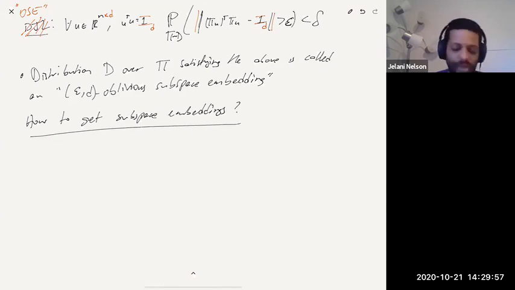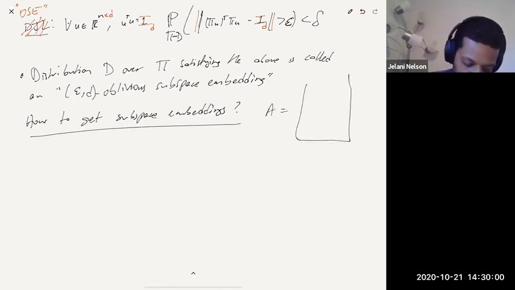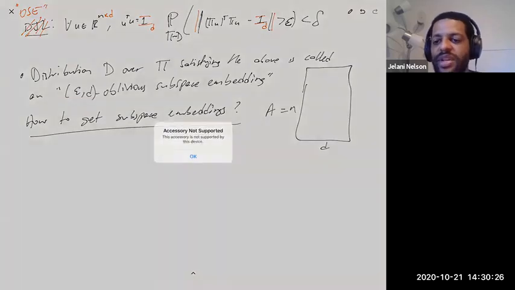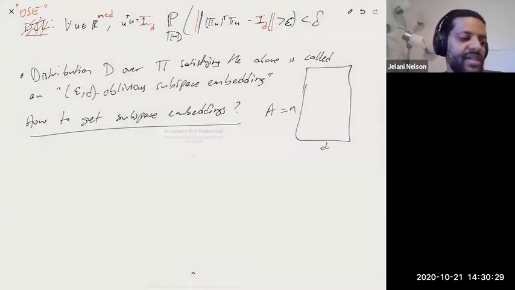Usually for us, A is going to be a very tall matrix that's not too wide, so think of it as n by d. And I'm going to want to preserve its column space. Its column space has dimension at most d because there are only d columns. So the subspace is implicit, in the sense that I don't actually give you as input an orthonormal basis for the subspace. Given A, you could try to compute an orthonormal basis by, for example, doing Gram-Schmidt or computing the SVD of A. That would give you an orthonormal basis. But that's expensive in terms of computation.